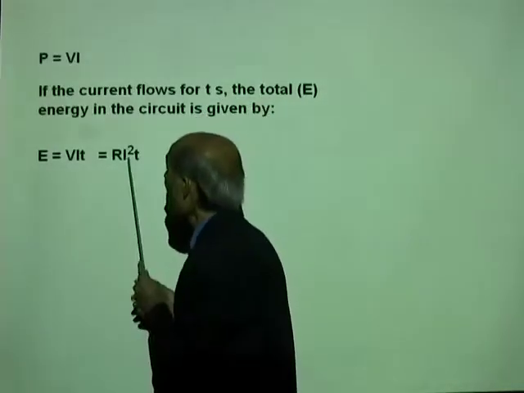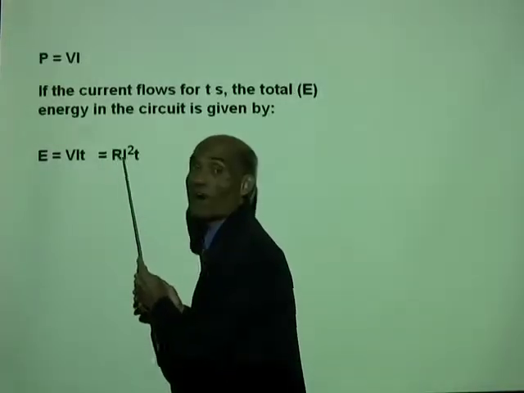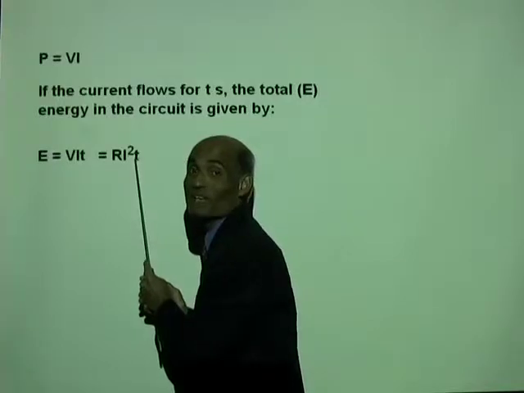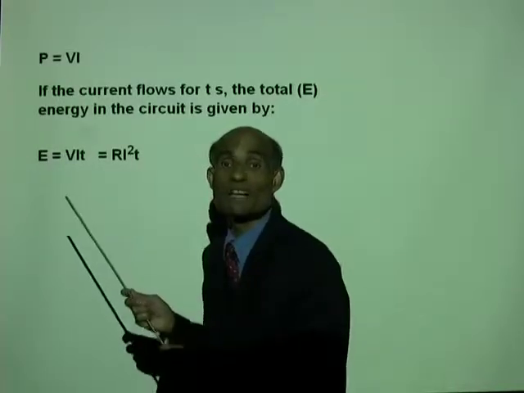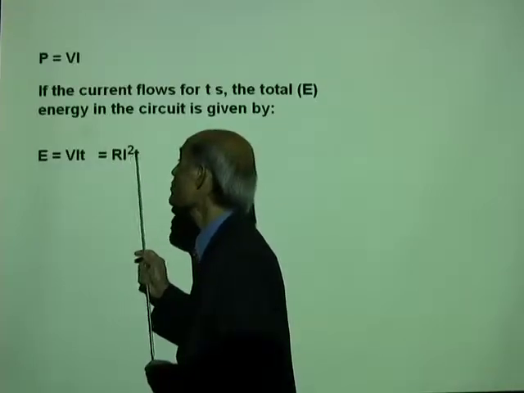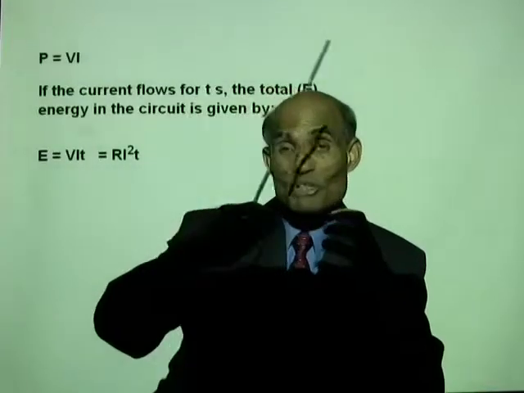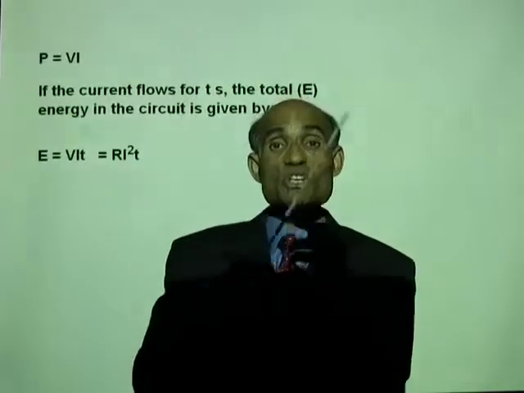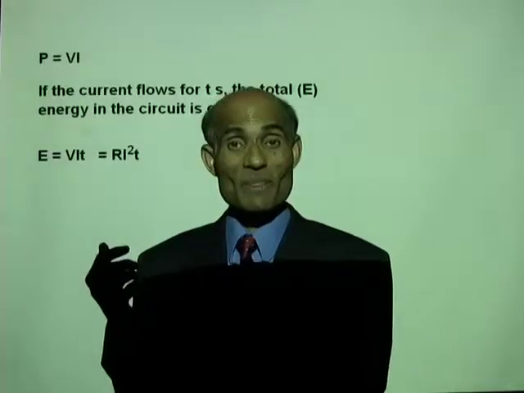When a current I flows through a resistance R for a time T, the energy used up in the resistor is RI squared T. And when a current flows through a resistor, the energy used up becomes heat energy. Is that right? Yes?